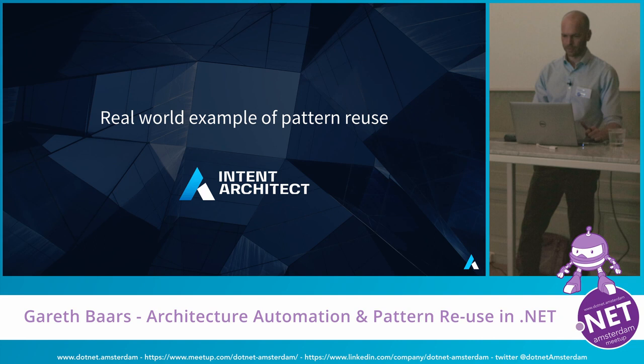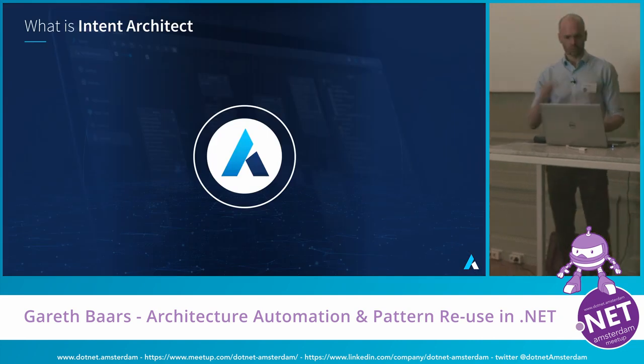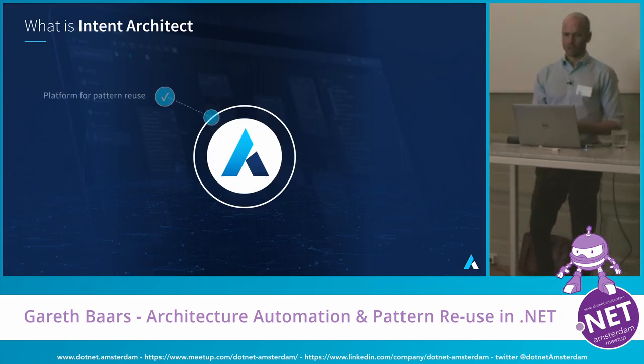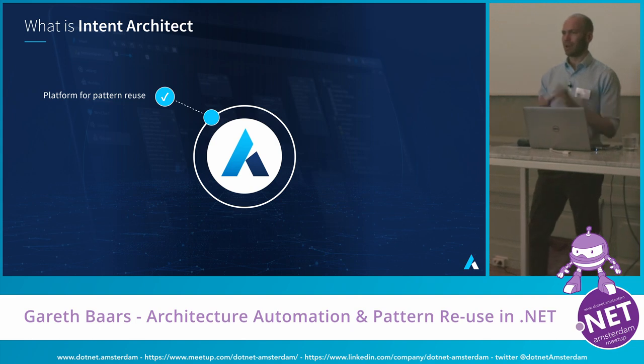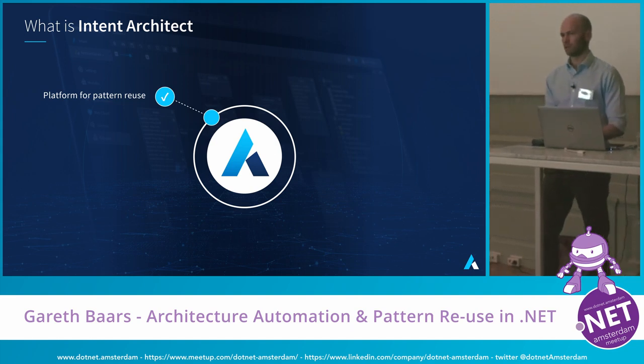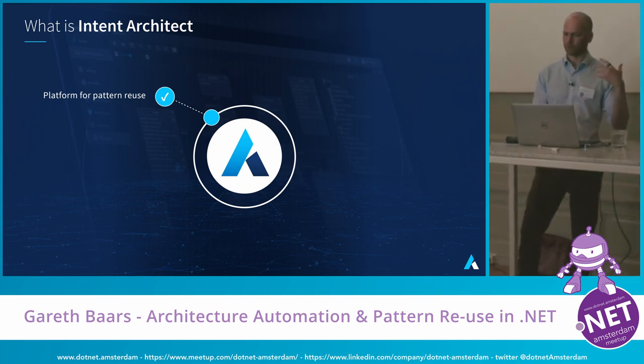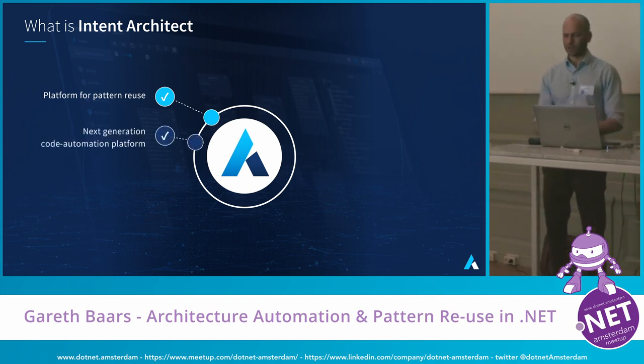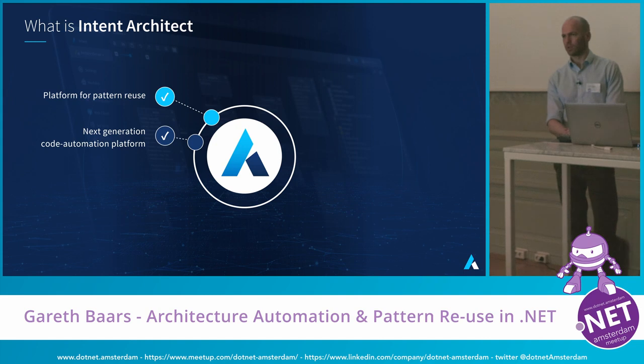All right. So what is Intent Architect? I just want to run you through a quick introduction. Okay, it's a platform for pattern reuse, first and foremost. Okay, so for developers to achieve pattern reuse, that is what it is fundamentally. Another way we like to describe it is as a next generation code automation platform.